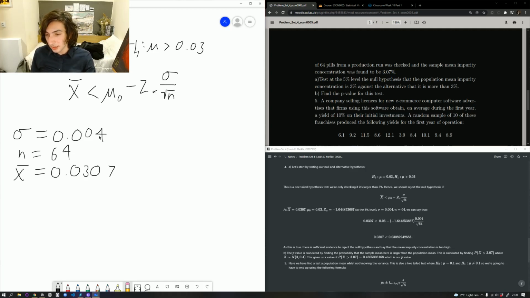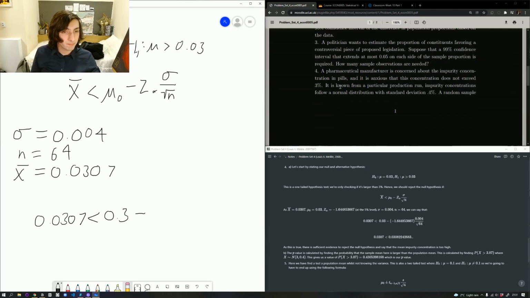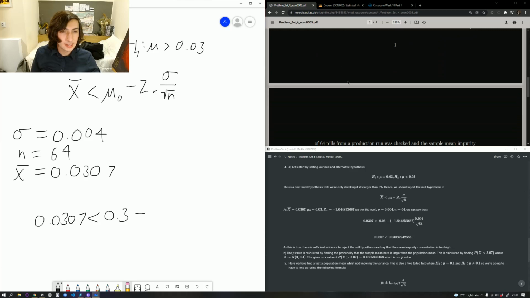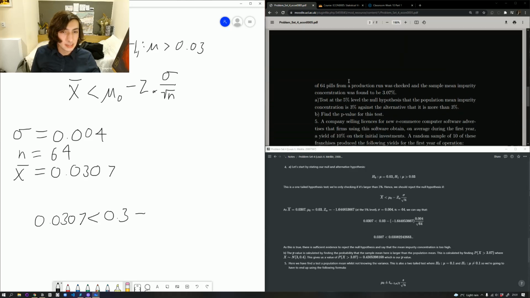So we're going to insert our values. We've got 0.0307 compared with 0.03 minus z alpha. What is the confidence level?